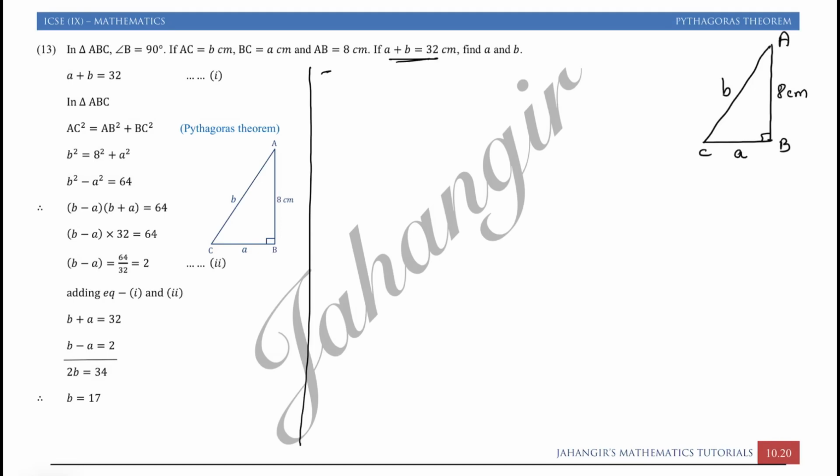So again, first those same steps we will take. In triangle ABC, angle B is equal to 90 degrees. So we can write b square, hypotenuse square, equal to the sum of the squares of the remaining two sides. This is by Pythagoras theorem.